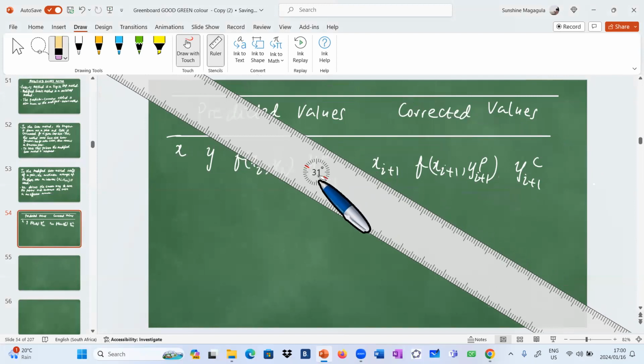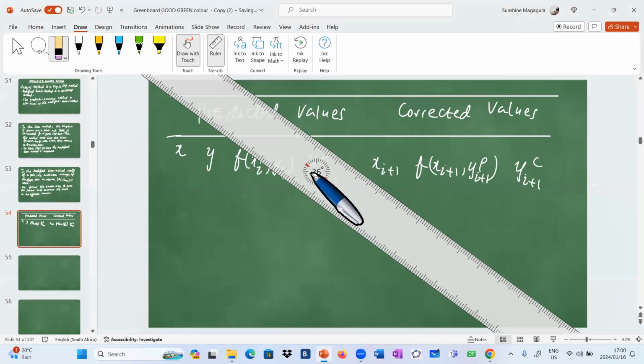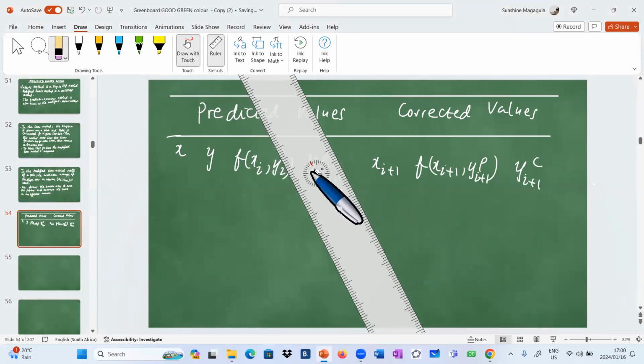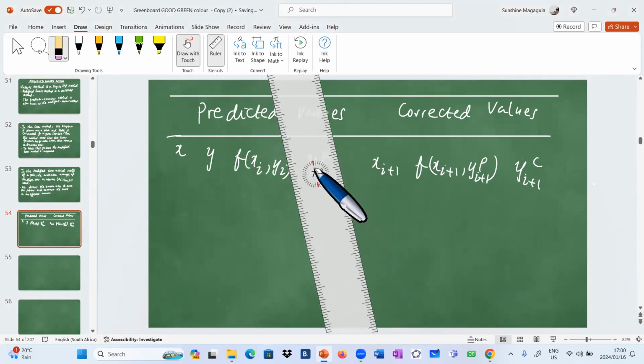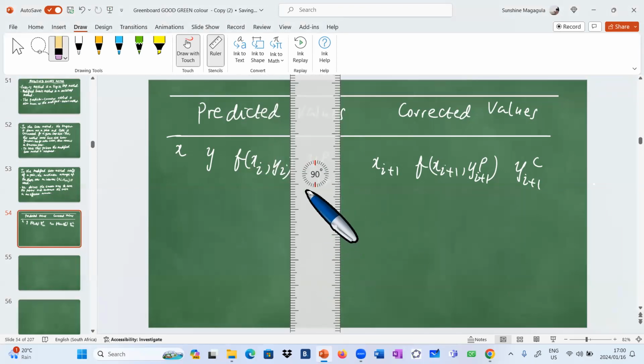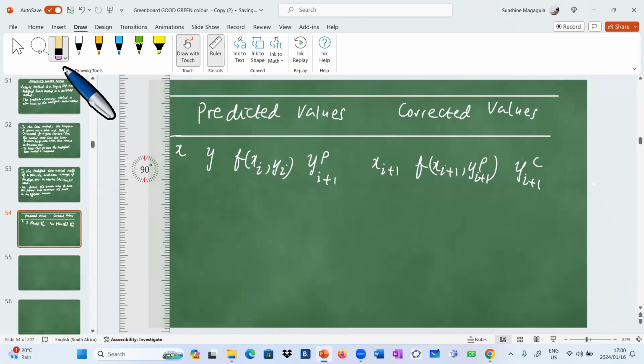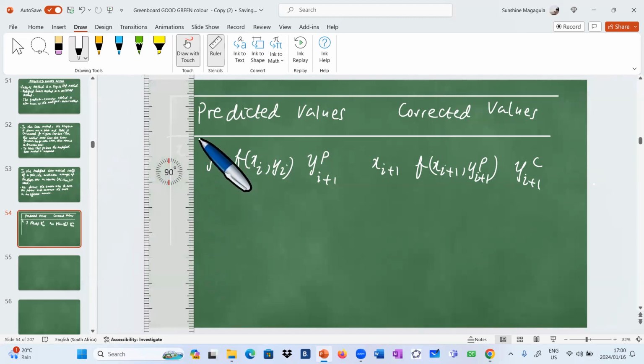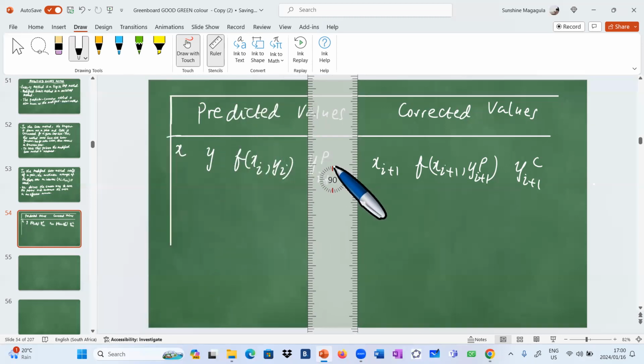This is just a rough idea of what we're going to be doing. This table is going to have a couple of columns, with a vertical line here.